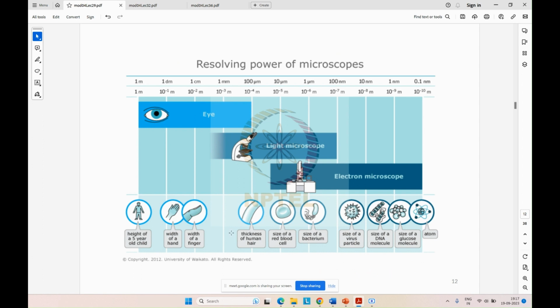As I said earlier, there are other methods of looking at your molecules or samples, and two of them were X-ray and electron microscopy. But the thing we are concerned about right now is the light microscope.